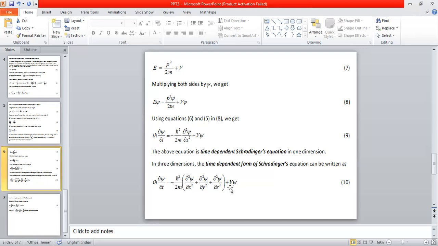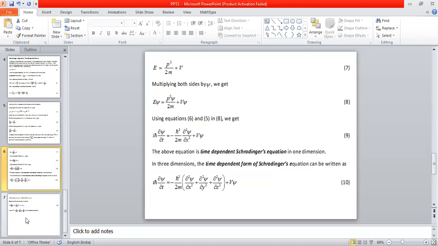So equation 10, i h cross dou psi by dou t is equal to minus h cross square by 2m into dou square psi by dou x square plus dou square psi by dou y square plus dou square psi by dou z square, plus V of psi, is nothing but the time dependent form of Schrodinger's equation in 3 dimensions.